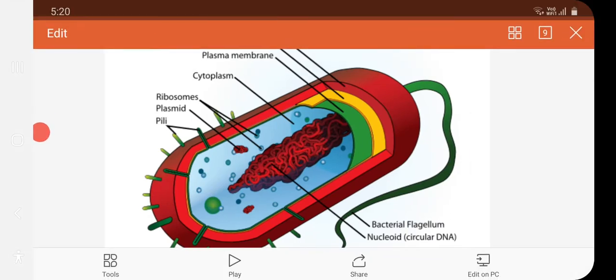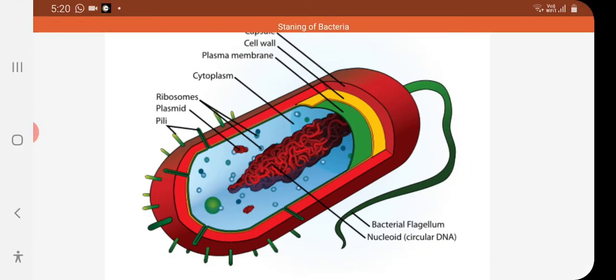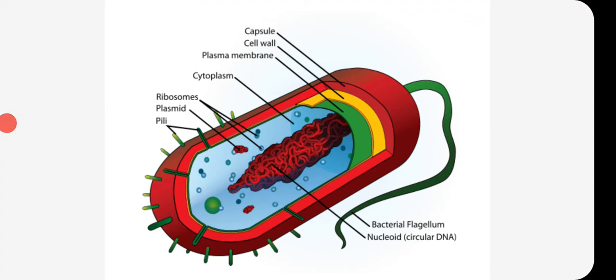The structure of the cell wall is of two types in bacterial cells. Depending upon the cell wall structure, bacteria are two types, gram negative and gram positive. In gram negative bacteria, the lipid content is more and the muramic acid mucopeptide content is less.